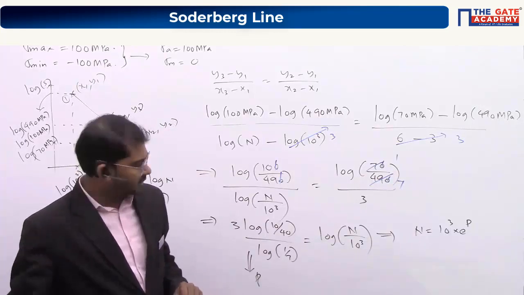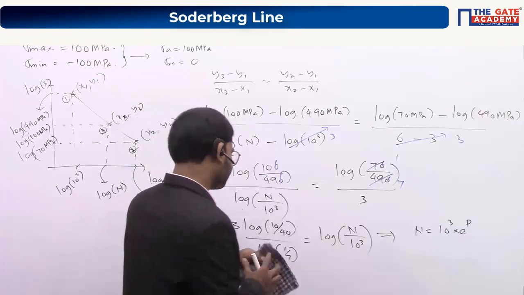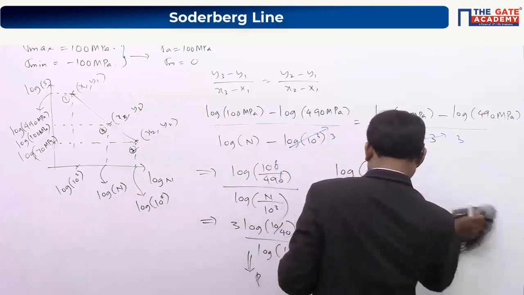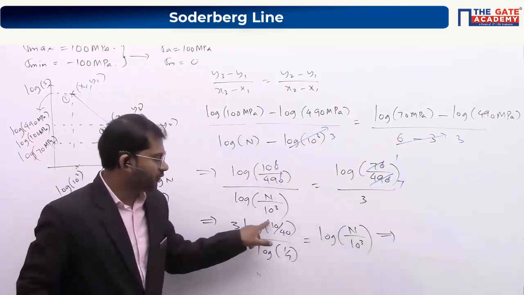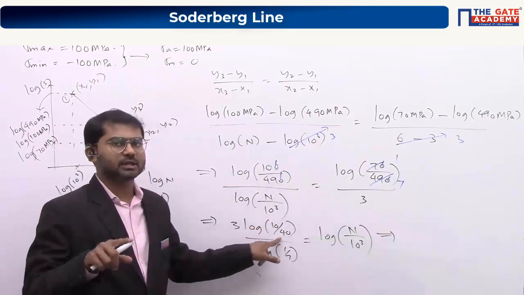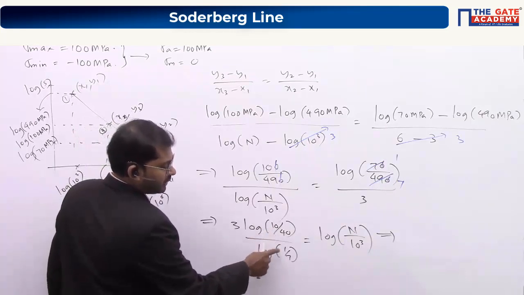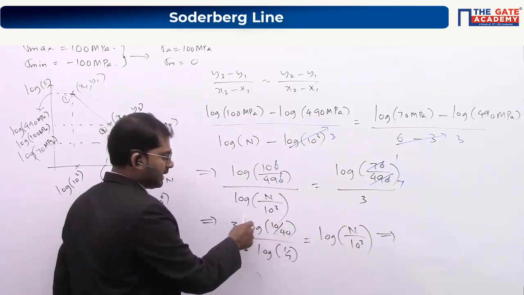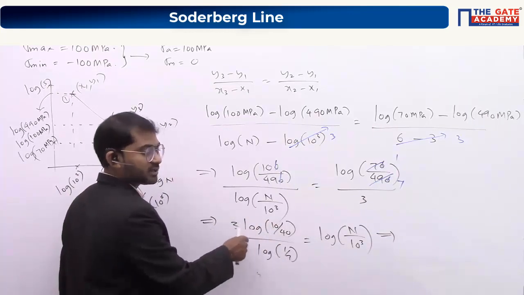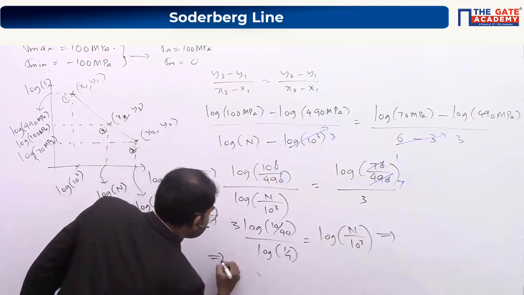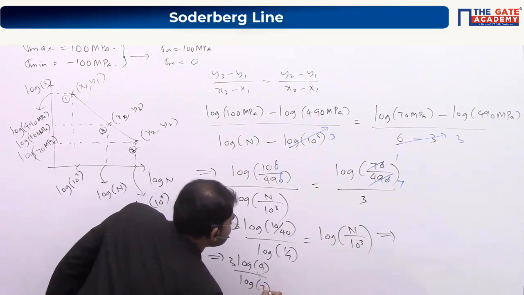Okay, another simpler step, to make it simpler, what you can do is: log of A by B can be written as minus log of B by A. So if you reverse 10 by 40 as 40 by 10, a negative sign will come. When you reverse 1 by 7 as 7, a negative sign will come. The negative signs will cancel.